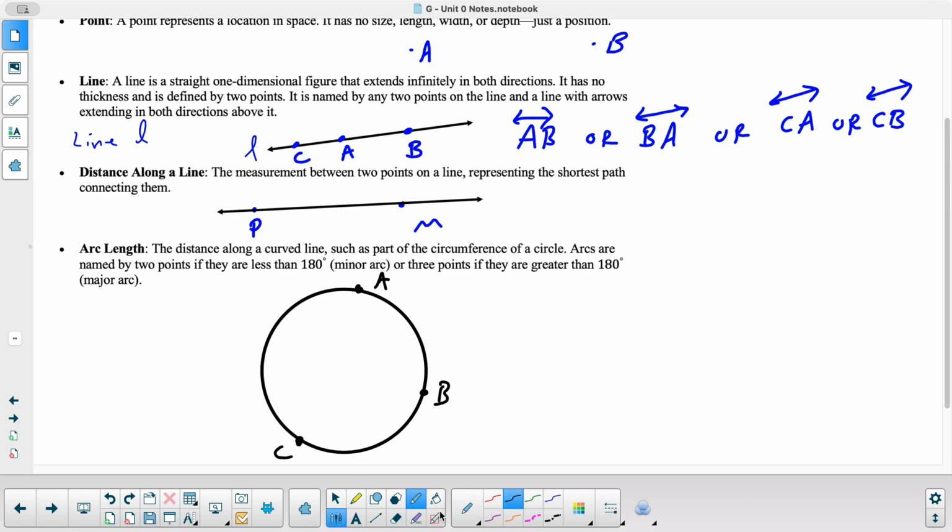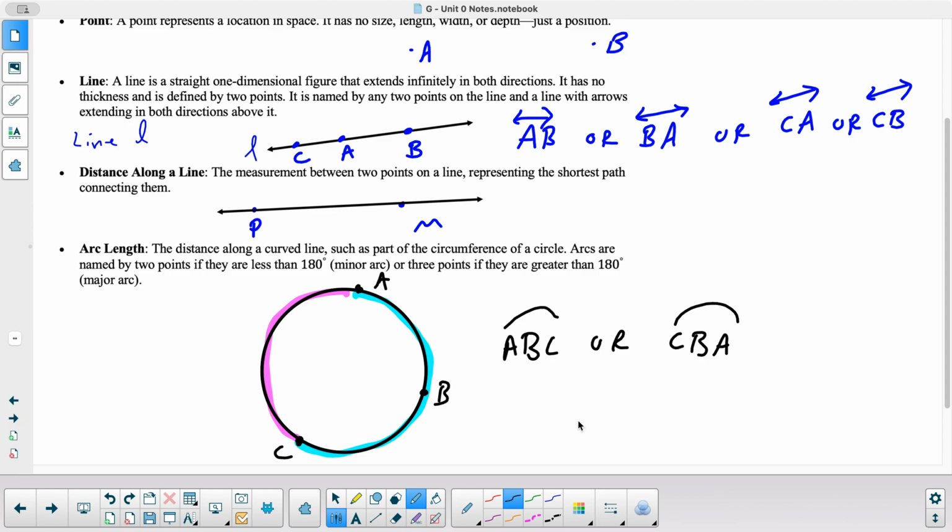Let's say I wanted this arc here, this arc, and then this arc. So, the blue one is over half, so that would be arc ABC, or I guess you could do CBA.